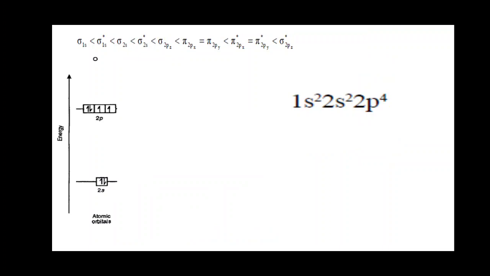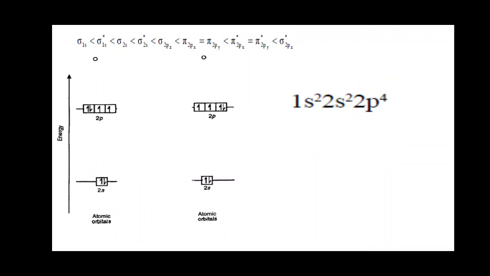So 1s2 is not required for calculating bond order. So 2s2 2p4. On the right side, another oxygen atom 2s2 2p4, right? Now we have given the electrons filled in the atomic orbitals of both oxygens, right?